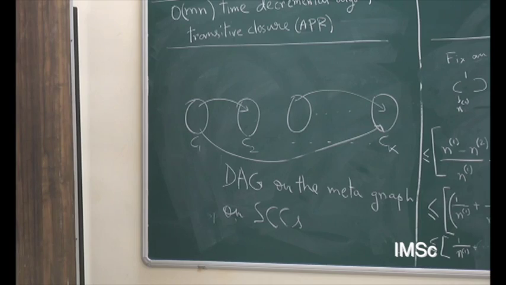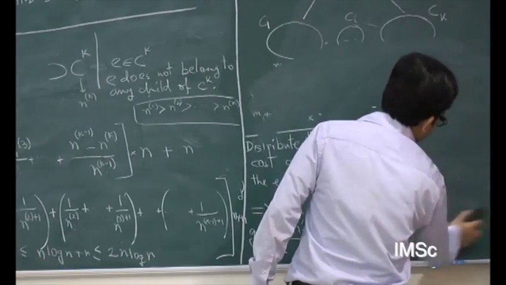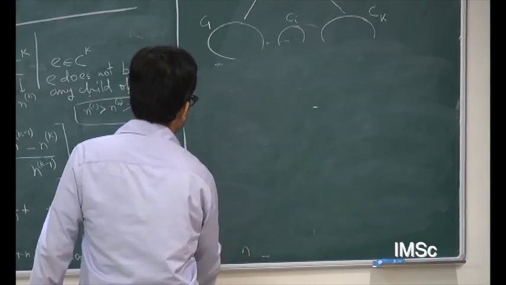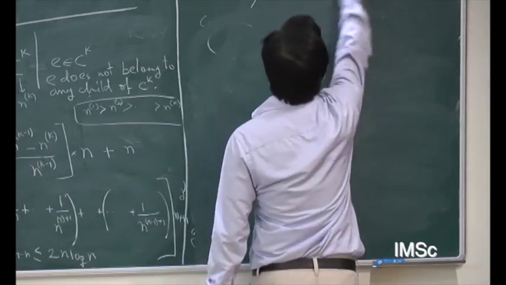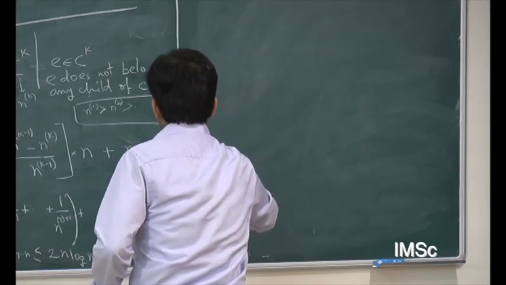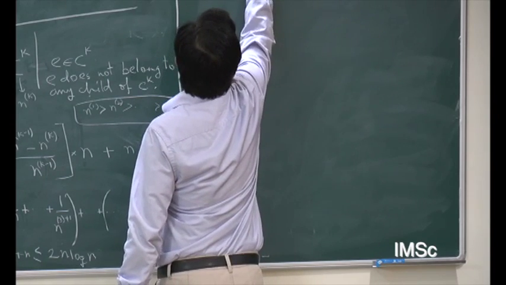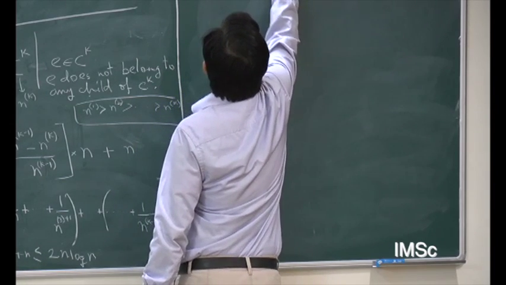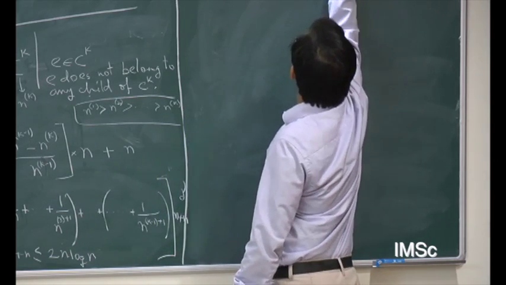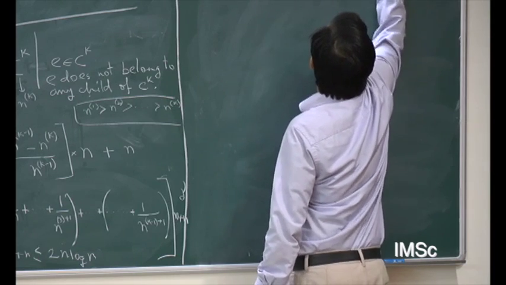So, the first thing is decremental all pair reachability in a directed acyclic graph.